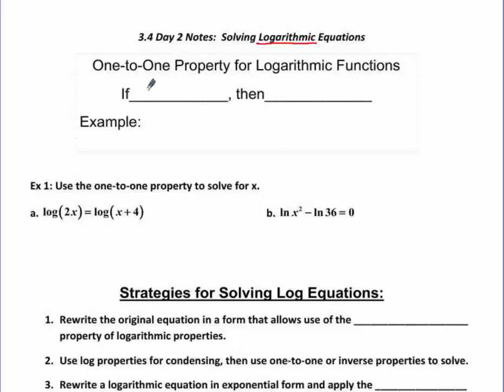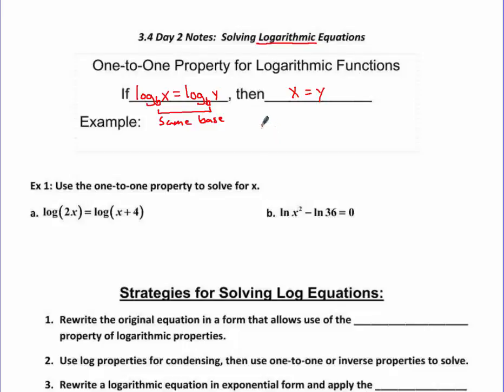The key is we have to have the bases the same. So if we have log base b of x equal to log base b of y, then x equals y. And notice that the key here, just like with the exponents, is that we have the same base.